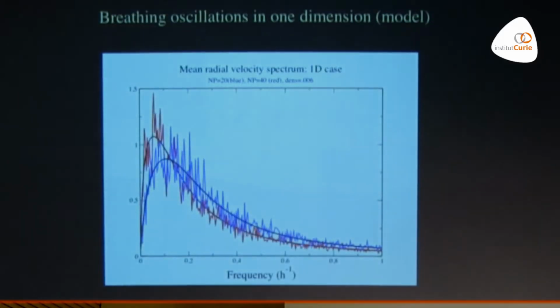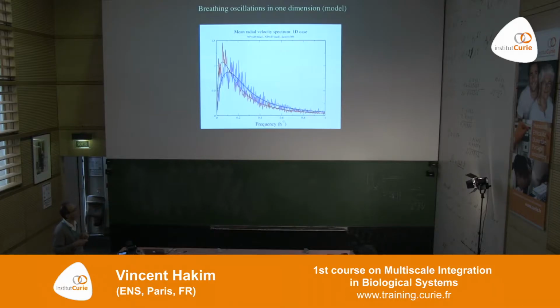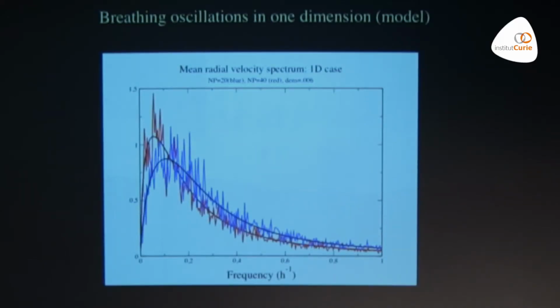And you can also look at the oscillation in one dimension, and again you find something very similar to 2D. For the oscillation, what you put is a fixed boundary condition, which would mimic a little bit the radial direction. And now you again have things that depend on the size of your 1D box.